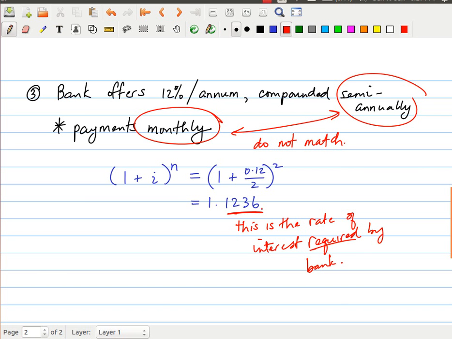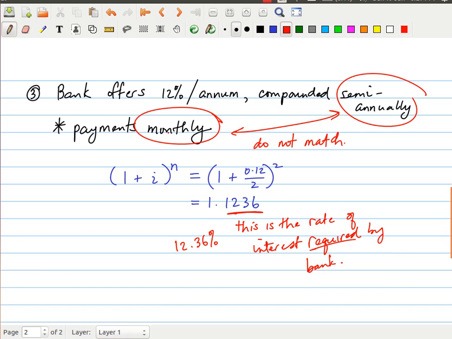They're not willing to change this any further. They've advertised it as 12% per year or per annum, compounded semi-annually. They know that that means 1.1236. But if you want to think about this in terms of monthly payments or weekly payments or daily payments, that doesn't change the fact that the interest generated is going to be 12.36%.